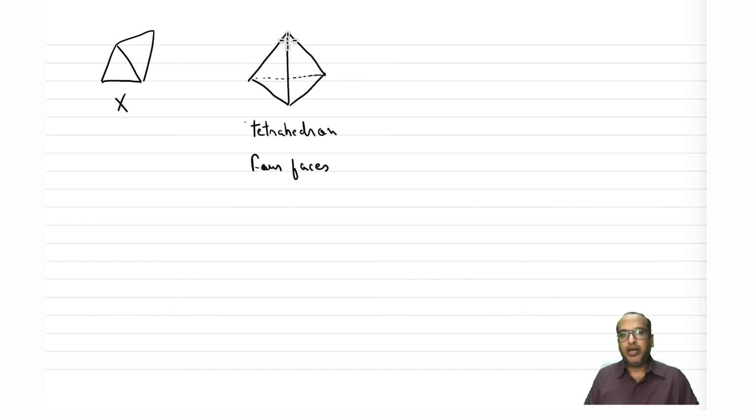Now let's say we combine four equilateral triangles at a vertex. That will give rise to a... how do I draw it? Let's see.